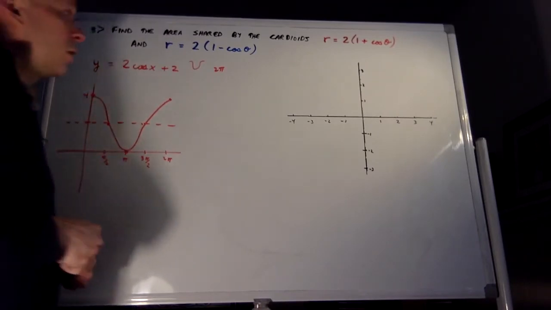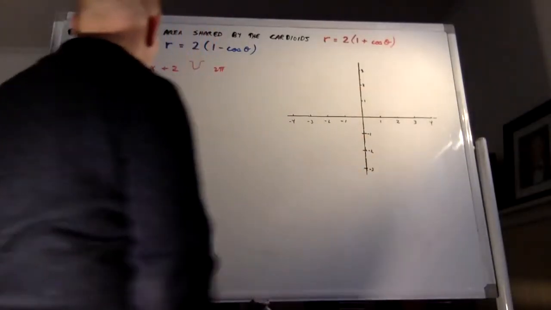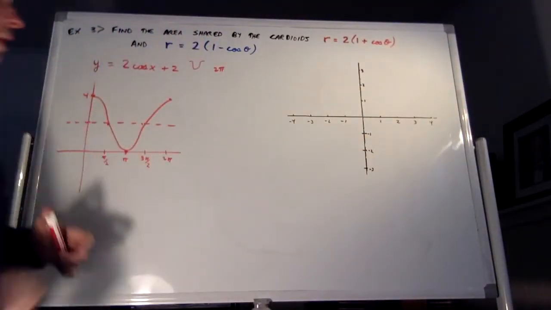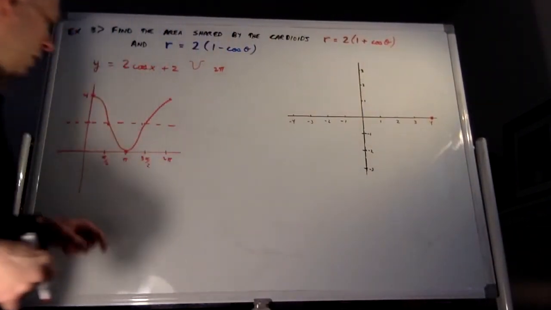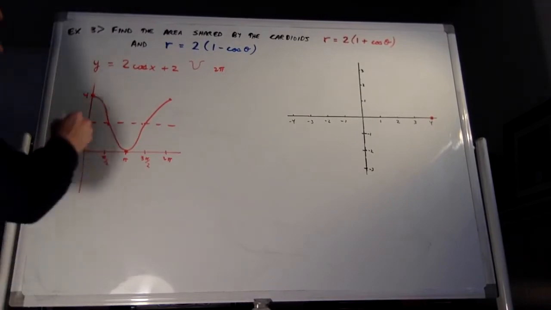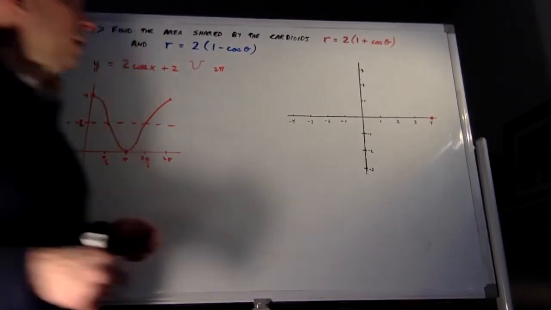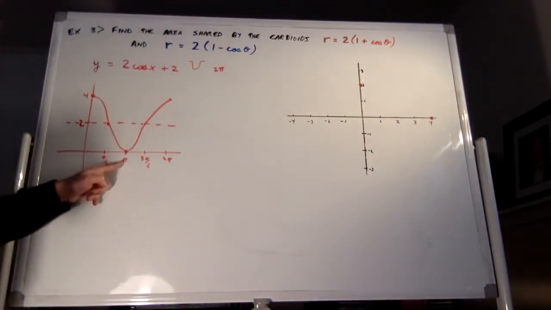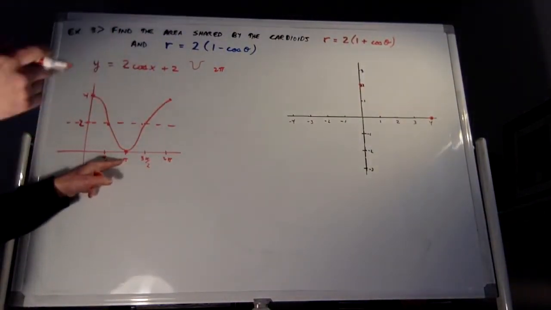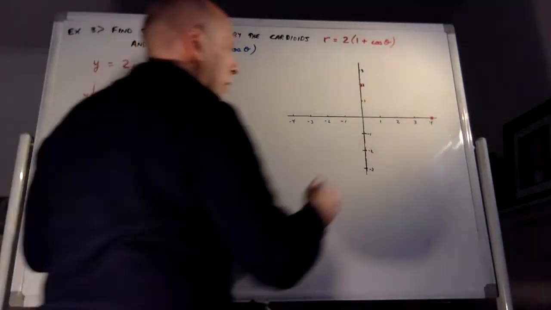So I'm going to use it to graph this polar curve. When we're at the angle of 0, we're out here at 4. When we're at pi over 2, we're at 2. So this is the value 2. And then we're going to get to the pole for the first time when we're at pi.